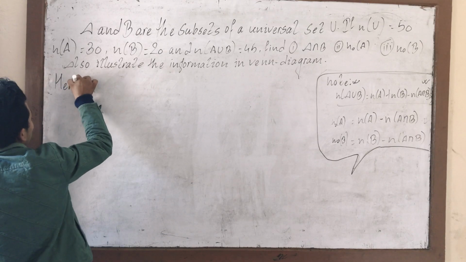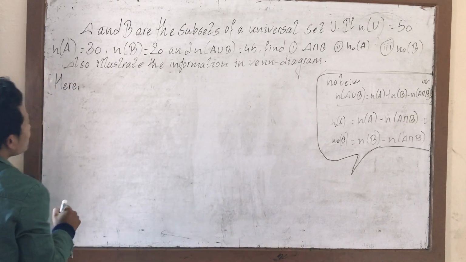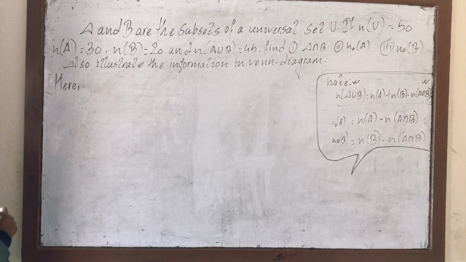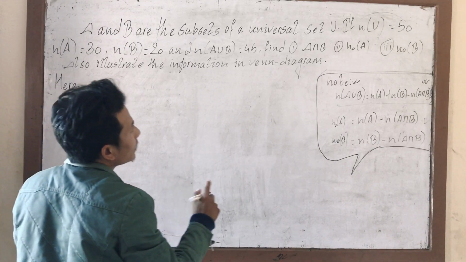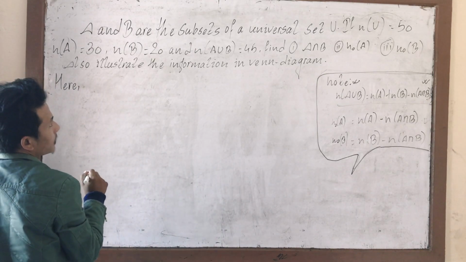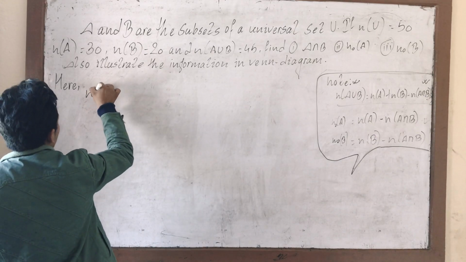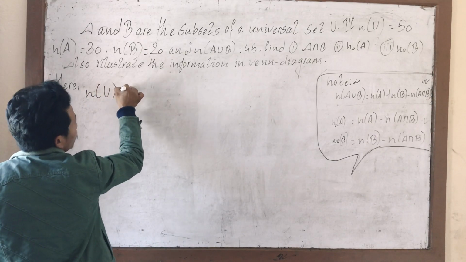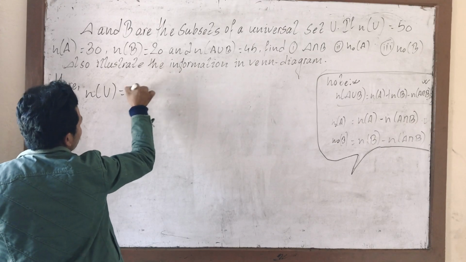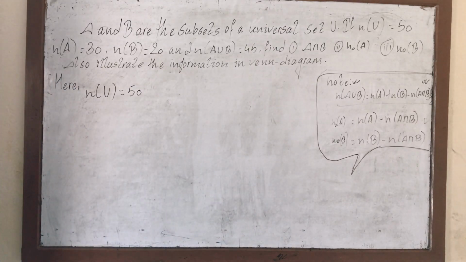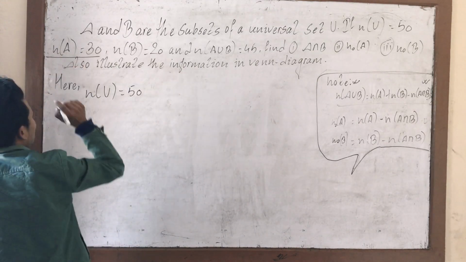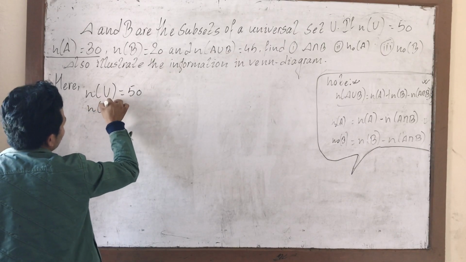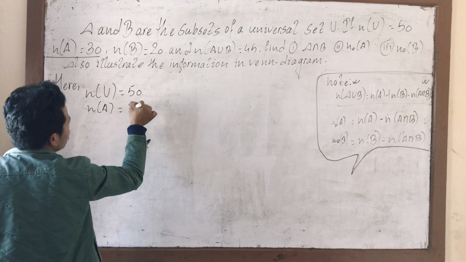So before we start, we should always write the given things from the question. So here हामीलाई questions के दिएको छ हेरौं. If number of U equals to 50 भनेको छ, that means number of U is 50. अरु हामीलाई क्वेशन्सले के दिएको छ number of A. So let me write here number of A equals to 30.